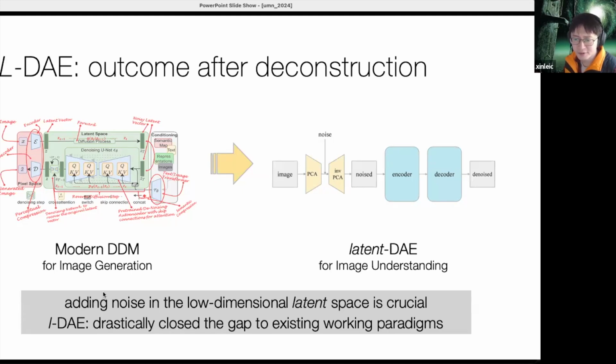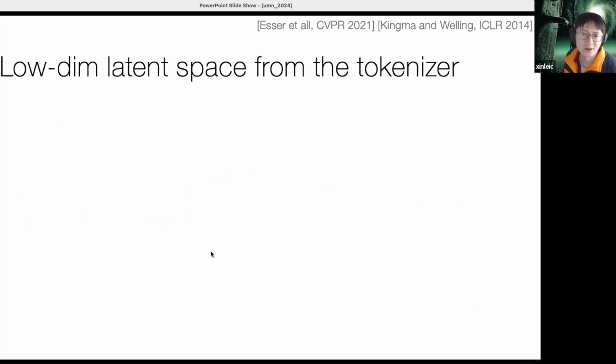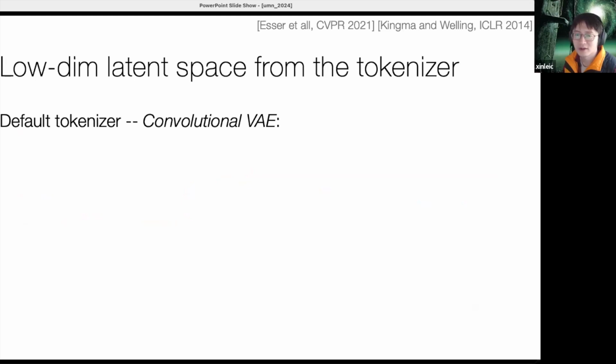With this effort, we have drastically closed the gap to existing working paradigms like masked autoencoding. Just to give you a glimpse of what we did, we tried four ways to construct the low dimensional latent space using a tokenizer. The default tokenizer is a convolutional variational autoencoder.